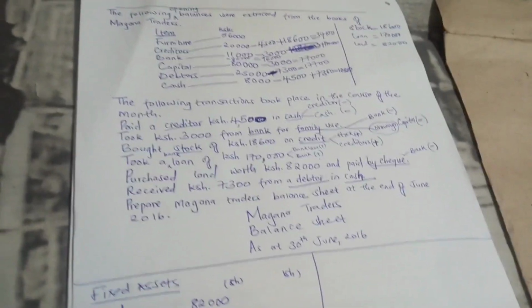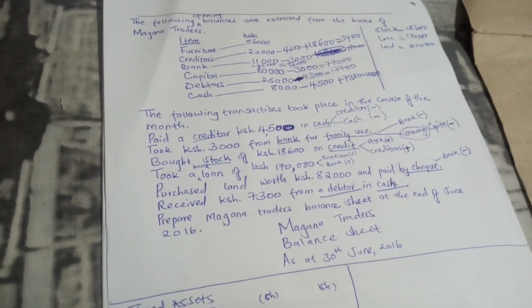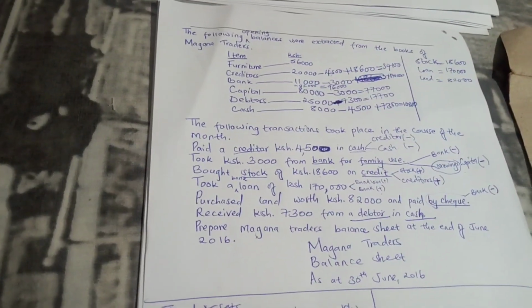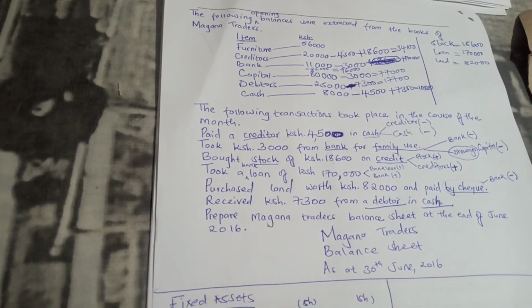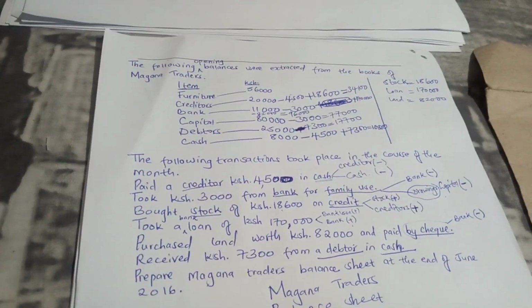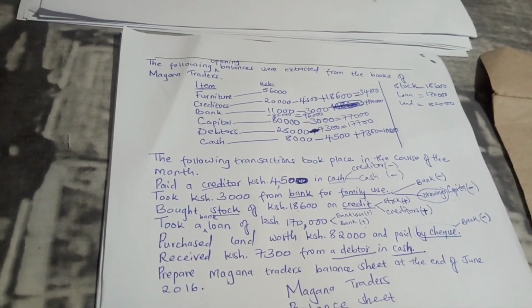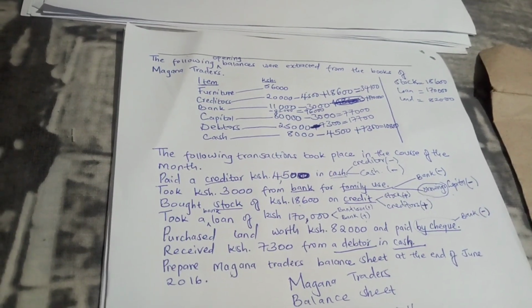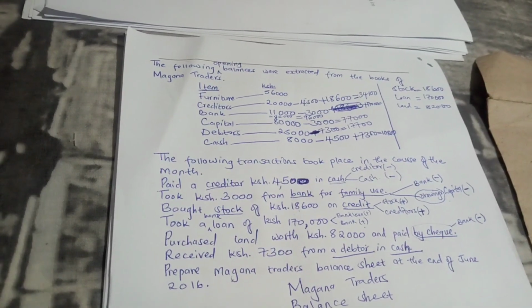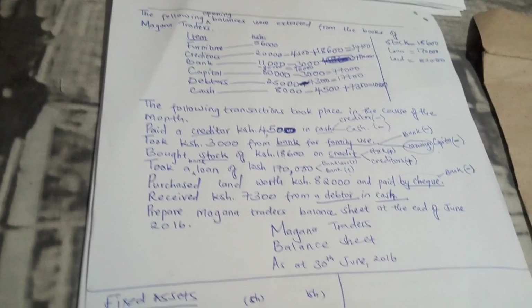So the next one is furniture. Furniture is 56,000. And that is it for our fixed assets. So the total fixed assets is 138,000.